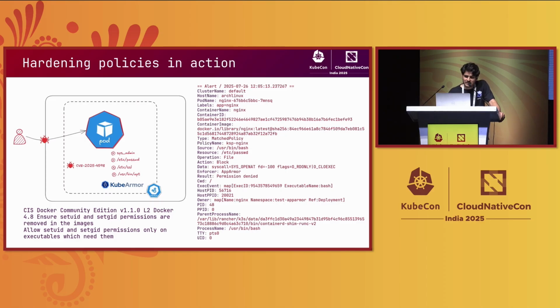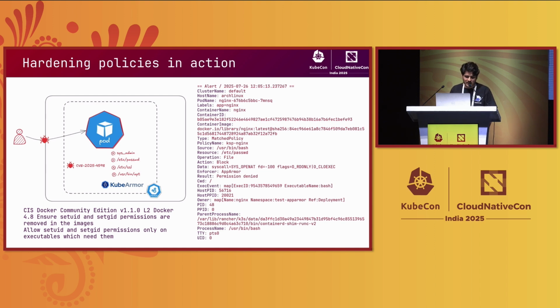Like on the right, we see that there is an alert generated for a malicious activity. And I just want to emphasize this particular scenario: compliances imply improved security, but do not guarantee it. Let's see how enforcing these controls in real time helps us.